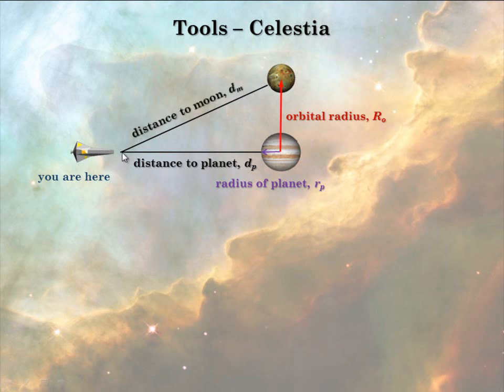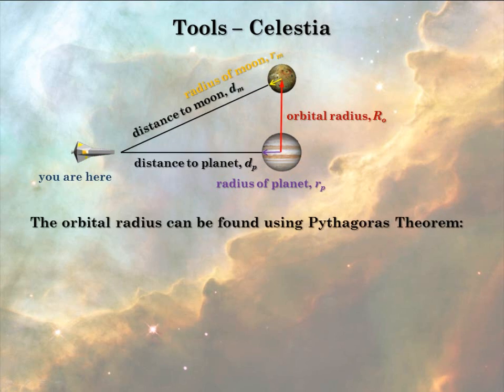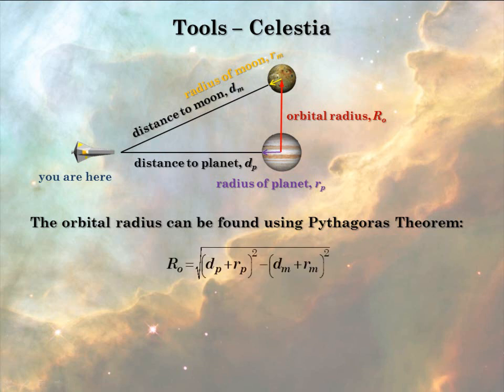Celestia will also give you the distance to the moon and also the radius of the moon. Using the Pythagorean theorem, we can find the orbital radius pretty easily by adding the distance of the planet, DP, and the radius of the planet, squared, to the distance of the moon plus the radius of the moon, squared. Let's see how we can do that using Celestia.